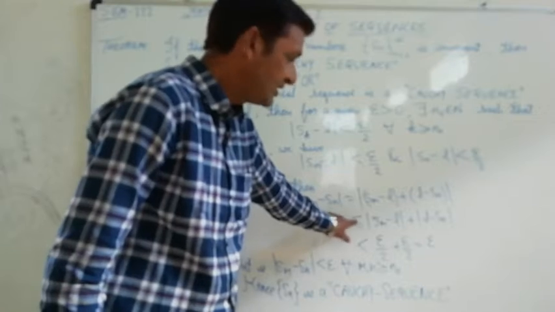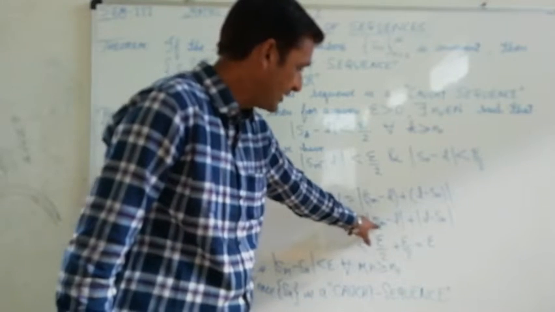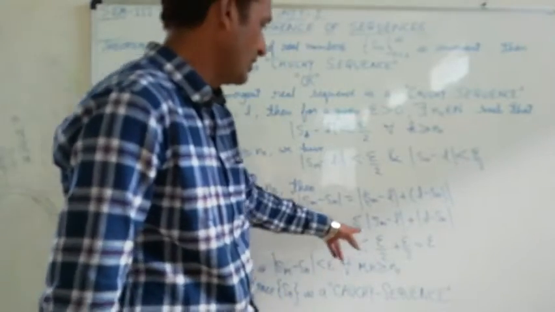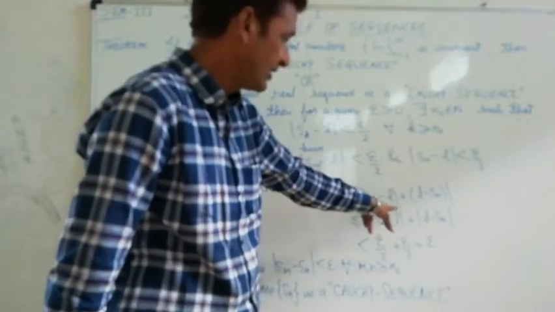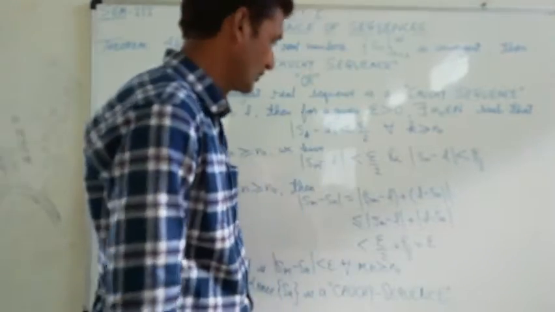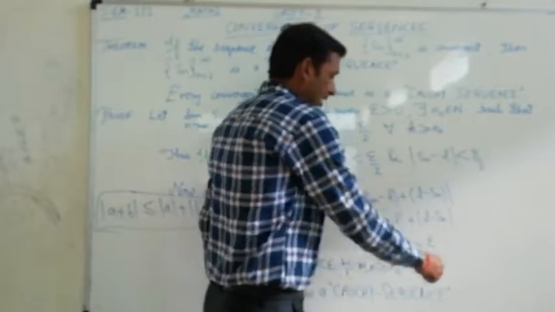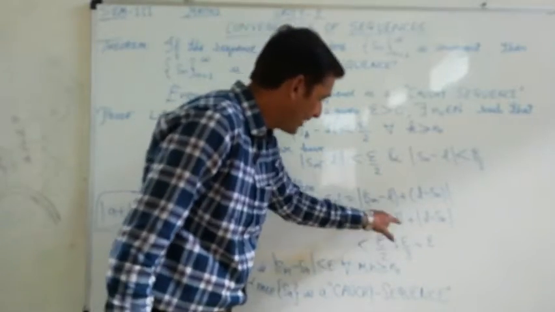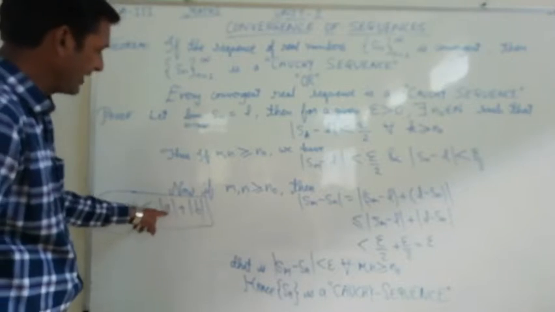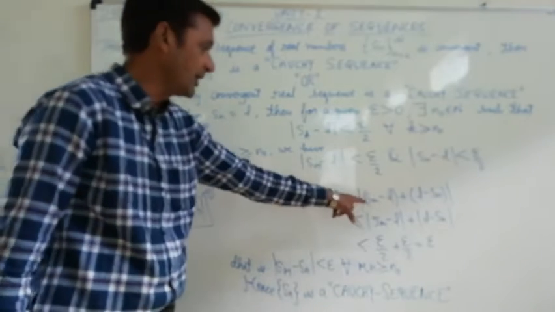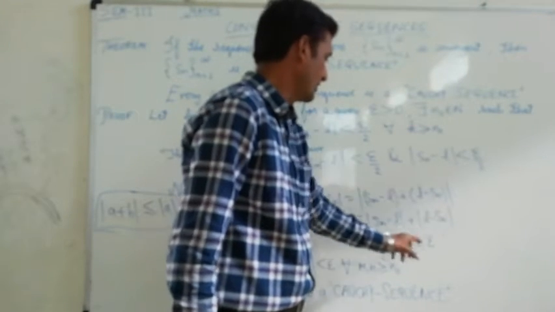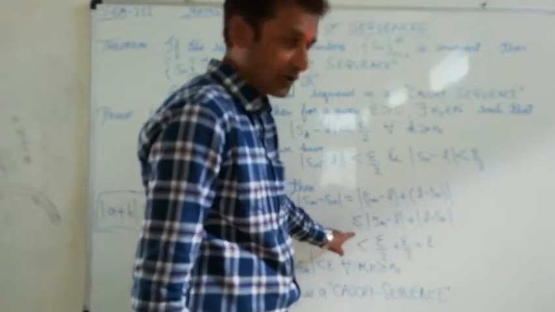This equal to sign is changed into less than or equal to sign. Sm minus L is separated here and L minus Sn is separated. Both the parts were written in this single mod. Different terms means it is mod of a plus mod of b, like this. So mod of Sm minus L plus mod of L minus Sn is written with less than or equal to sign.